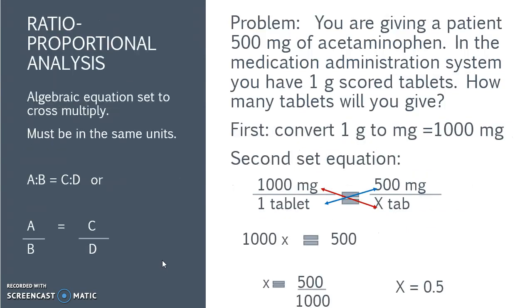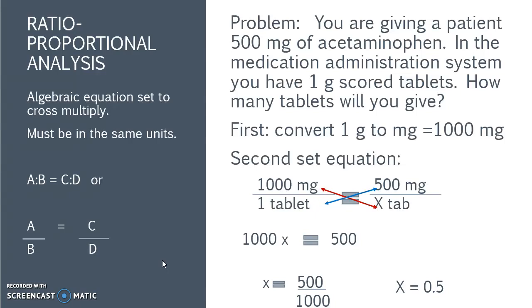The next method is the ratio proportional analysis. It's important to know that there's an equal sign here. For the same problem, you set up the 1,000 milligrams, because again you need to convert 1 gram to 1,000 milligrams, and that's in 1 tablet, equals 500 milligrams over X tablets.